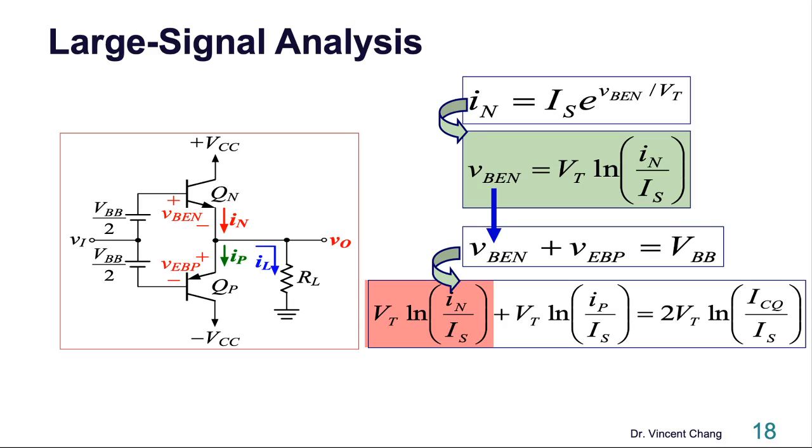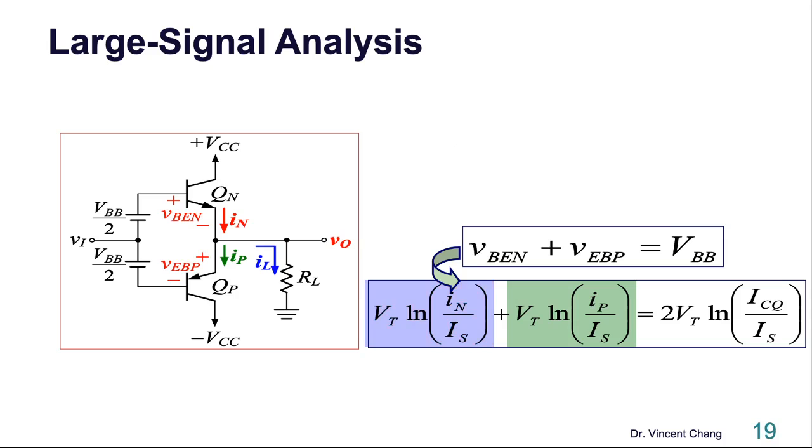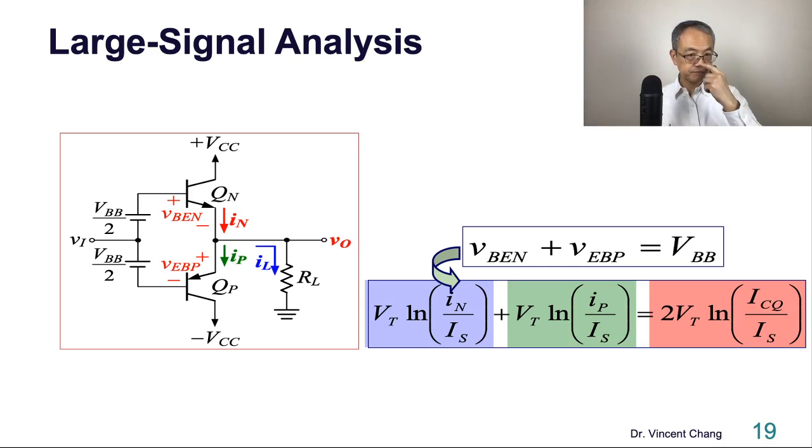All right? So by the same token, you get the second term, the green term: VT natural log IP divided by IS. So what about the third one? This one, we just taught before.